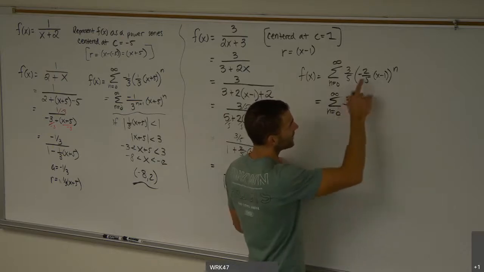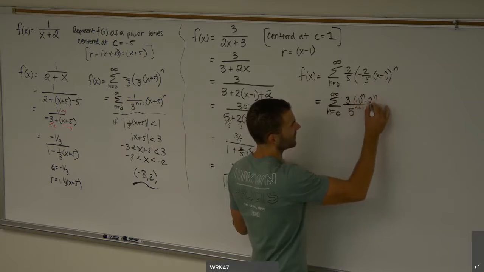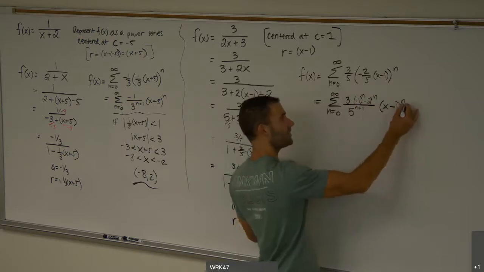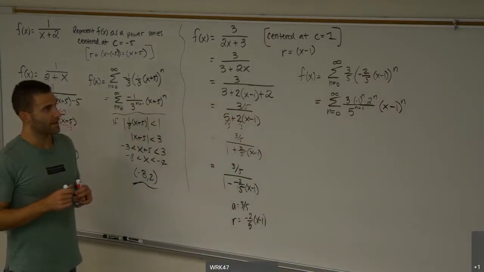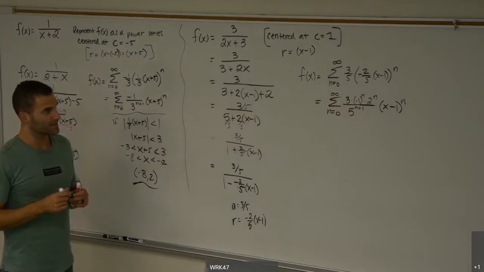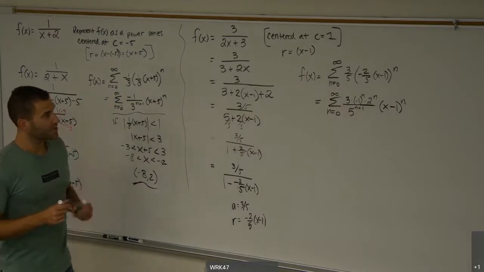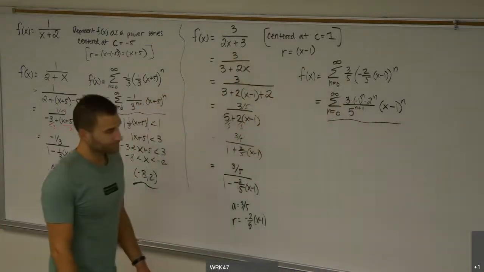Here I have a negative 2 to the n, or a negative 1 to the n times 2 to the n. And that's just to see that it's alternating. You don't have to do that. And we get this. So I just distribute that nth power over those terms and combine it with the 3/5 to get that coefficient in front. And so we have a representation now of this function centered at 1.